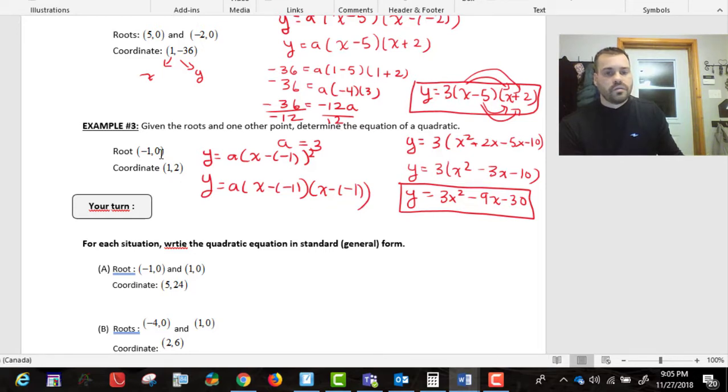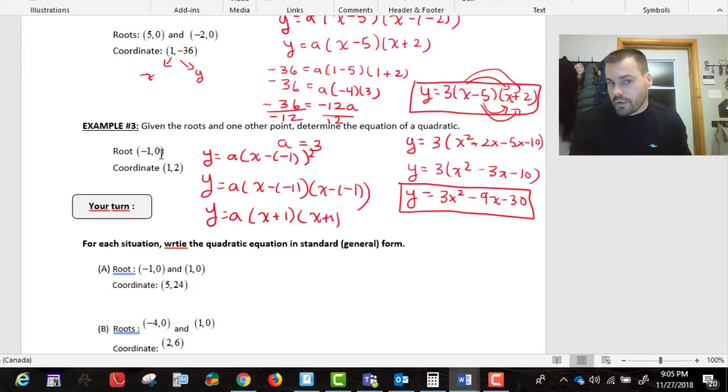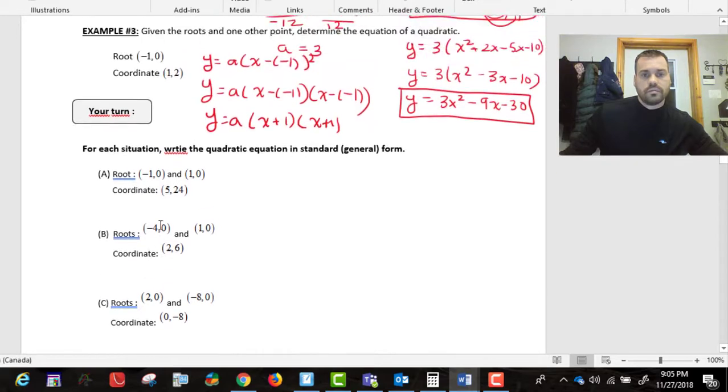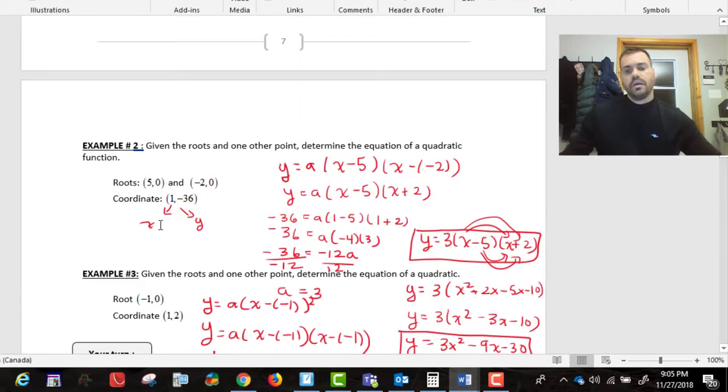So you get y equals a times x plus 1 times x plus 1. And then you do the same thing. You plug in the point, and away you go. So that's how you solve for a. And again, there are more questions there for you to practice. So we'll leave it at that for that one.